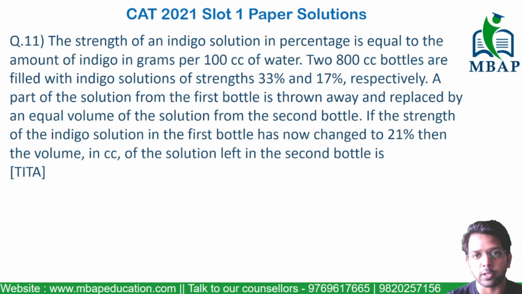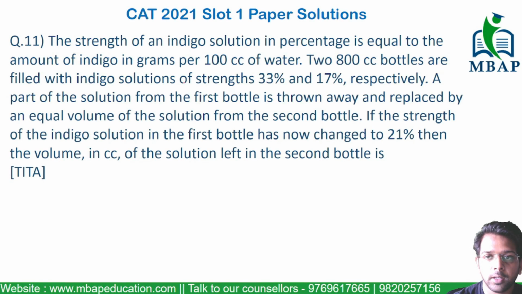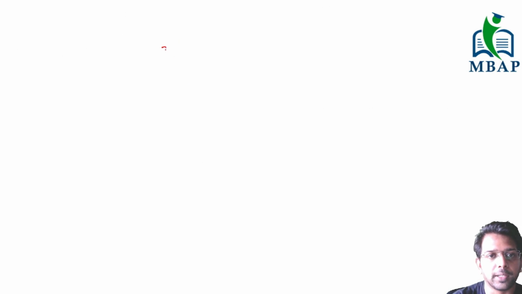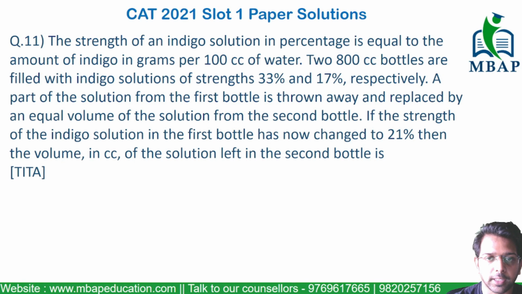So certainly two bottle solutions have been mixed. If I have to draw it, two bottle solutions having percentage concentrations of 33% and 17% have been mixed to come to an average of 21%. So there were two bottles of 800 cc. The initial concentration in bottle 1 was 33%, and the next bottle was 17%.